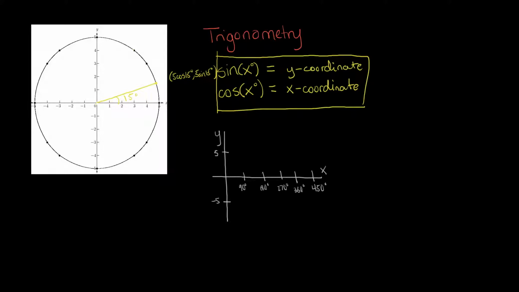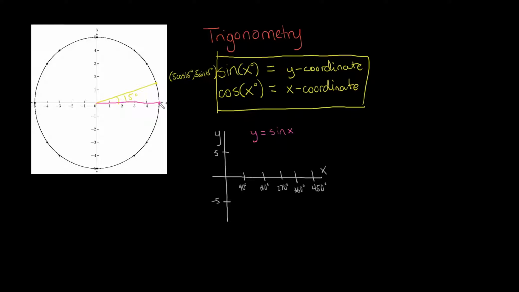So let's draw a picture of our function, y equals the sine of x. At 0 degrees, the sine of x answers the question, what is the y position at 0 degrees?